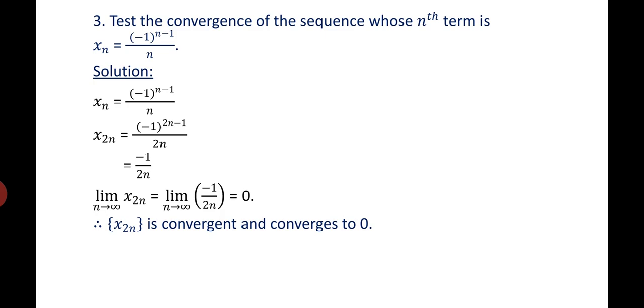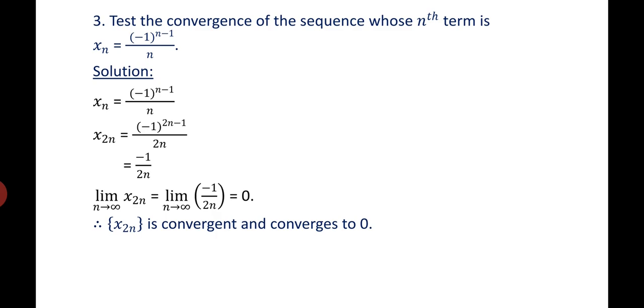Let's see another problem. Test the convergence of the sequence whose nth term is xn is equal to (minus 1) raised to n minus 1 divided by n. Next we find the value of x2n.